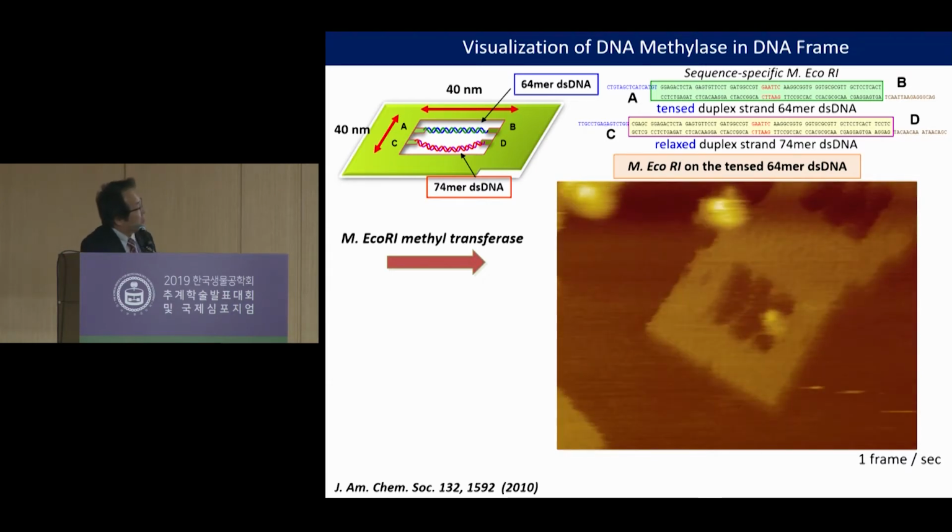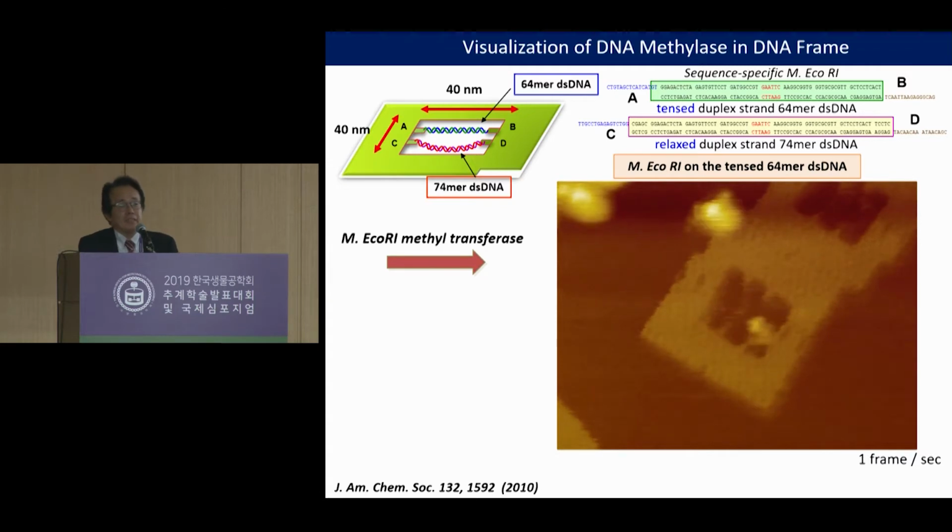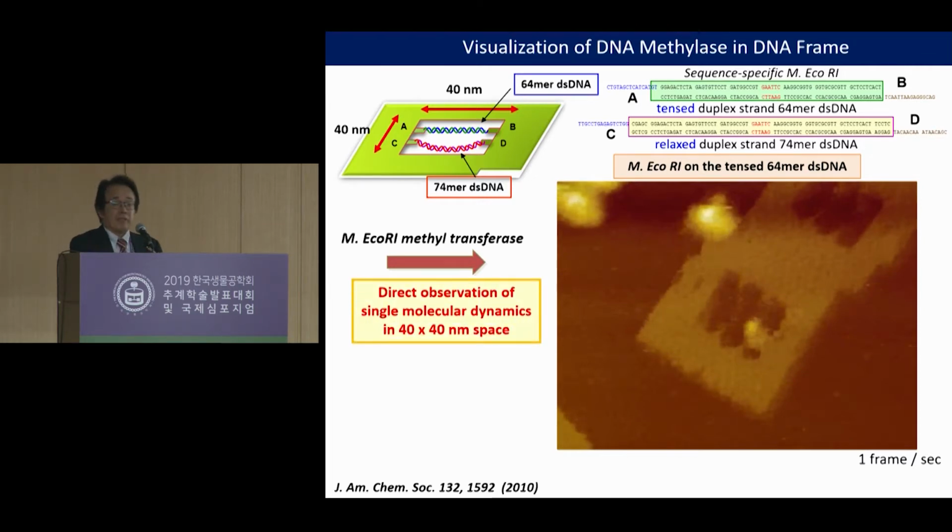You can see the enzyme binds to one of the bridges in solution on the mica surface and slides along the helix. It seems the enzyme is looking for the recognition sequence for methylation. This is actually the direct observation of single-molecule dynamics of an enzyme in a 40 by 40 nanometer space.